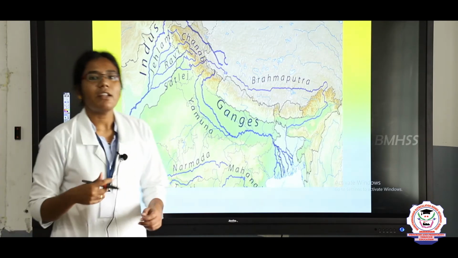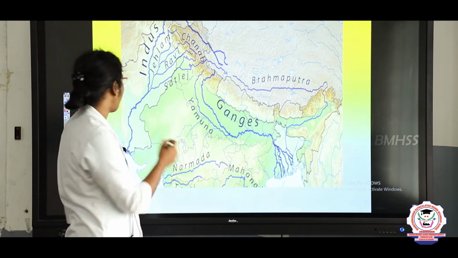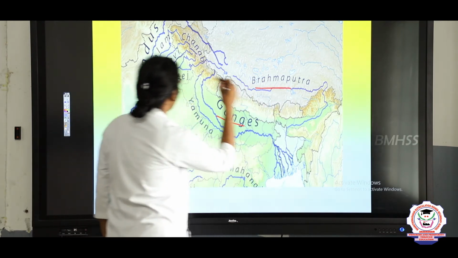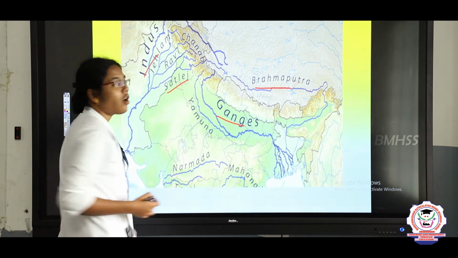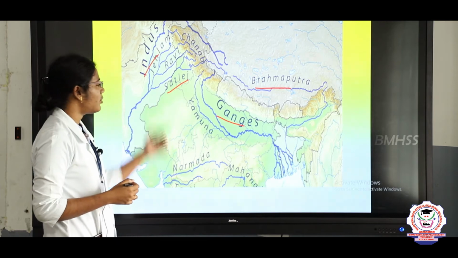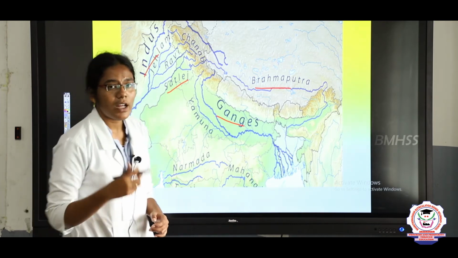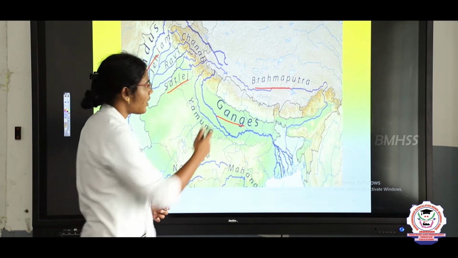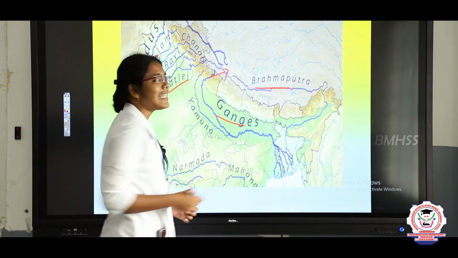Yes, many rivers like Ganga, Brahmaputra, Indus and Satluj rise from the Himalayas. The Ganga river originates from Gangotri as a glacier.